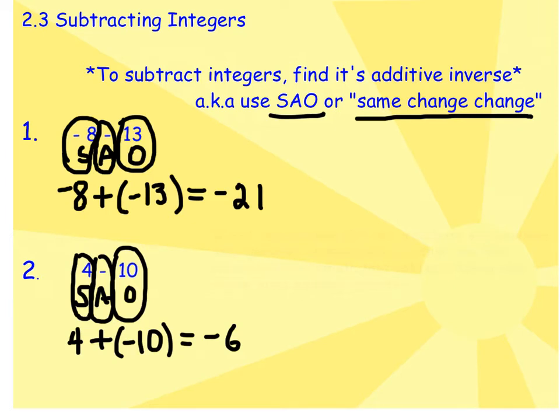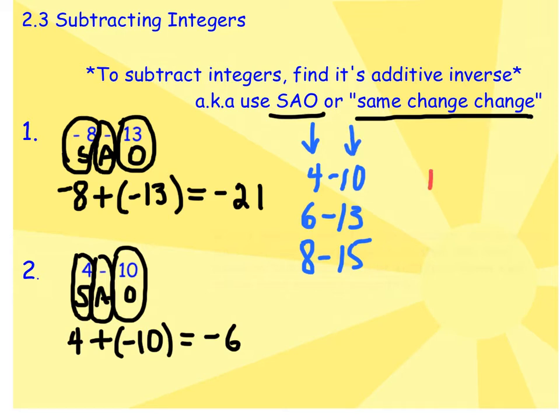Problem number 2 is actually a special problem, though. If you take a look at these problems that I'm going to list here, 4 minus 10, 6 minus 13, 8 minus 15, you might notice that all of the first numbers are smaller than the second numbers. Now, on the flip side, if I were to reverse all of these problems, 10 minus 4, 13 minus 6, and 15 minus 8, now I have all the larger minus the smaller.